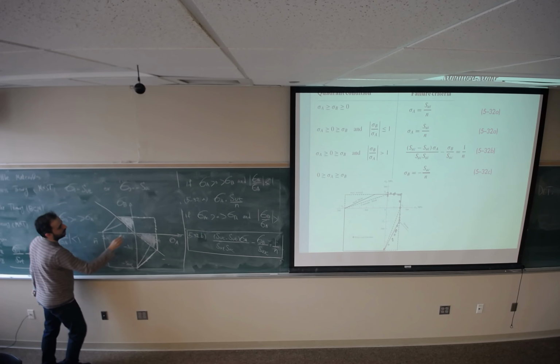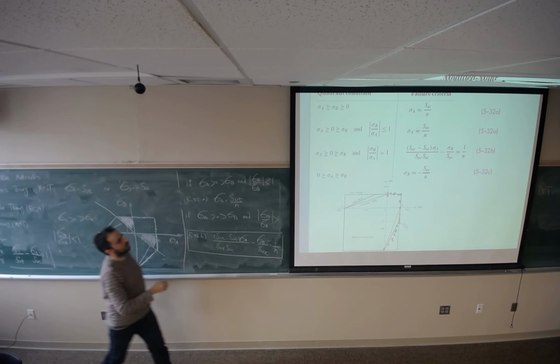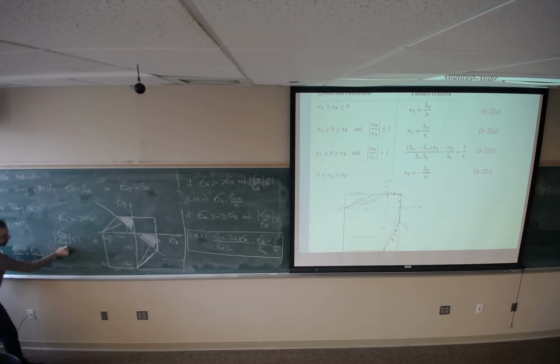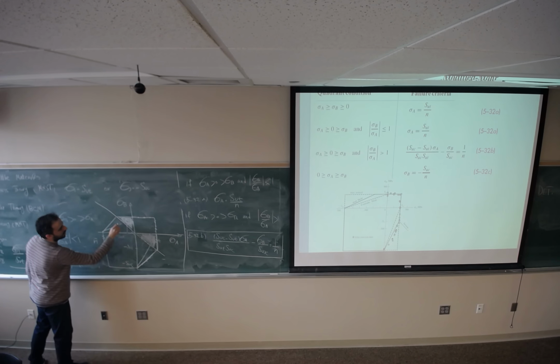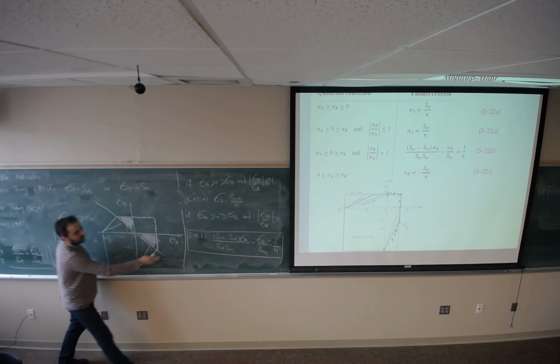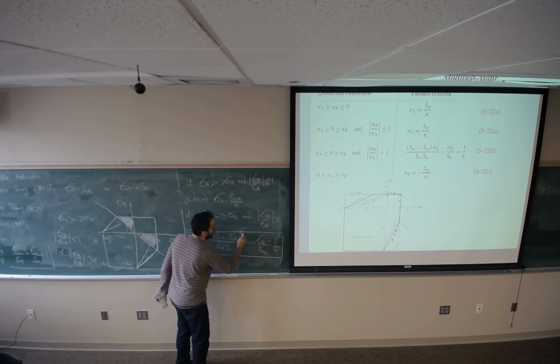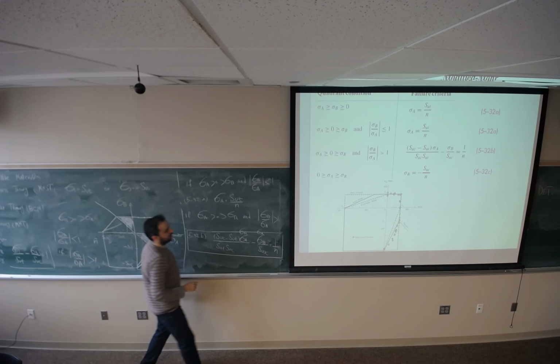Then we are going to use equation 5.32a. But if we are somewhere here, then we are going to use this line. Just change sigma A to sigma B and sigma B to sigma A. We are going to use this equation.